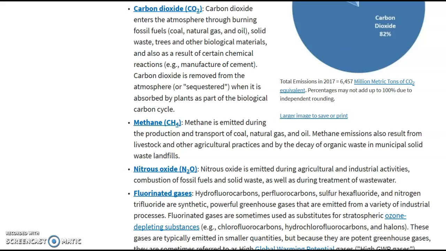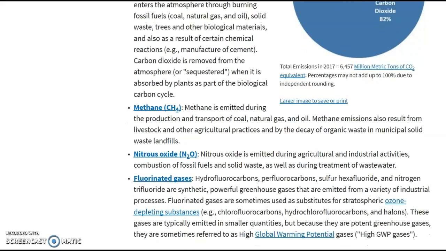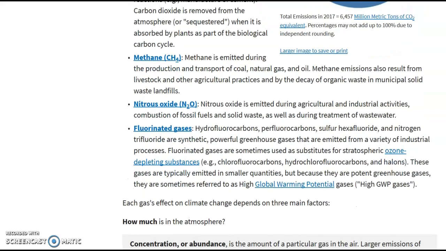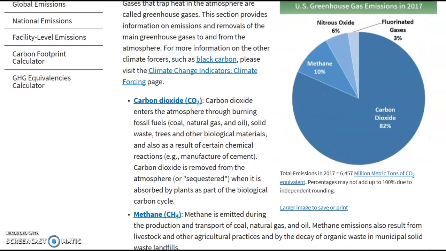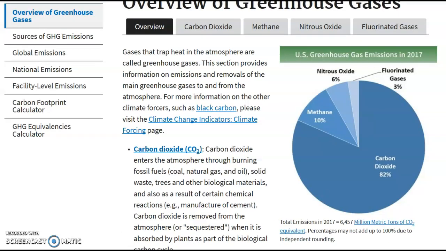Any stuff that you would think that you would use for cleaning, that's where these are coming from. And so it's only at 3% because it's not commonly emitted, so it's a lesser greenhouse gas, if that makes any sense. So yeah, those are our top greenhouse gases.